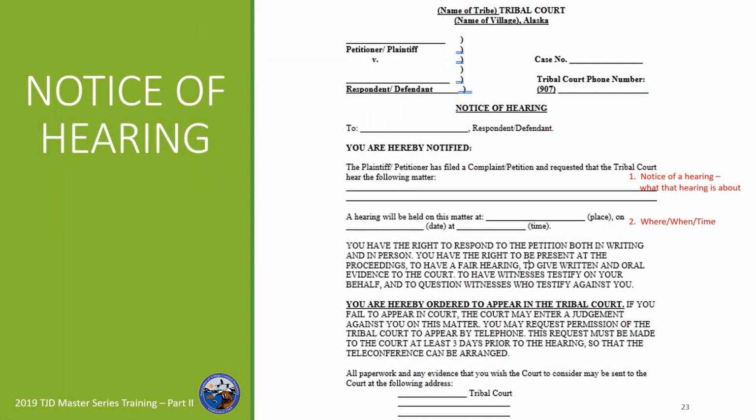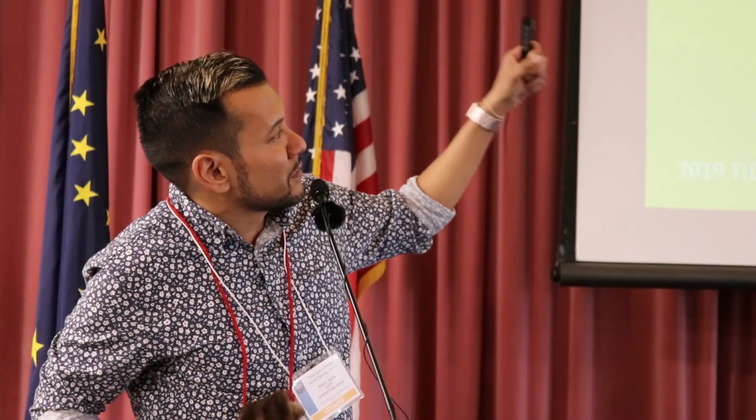And so this is a copy of a sample notice of hearing, and briefly we'll go through it. It has all the information we just spoke about, right? Number one, we're going to put information about the notice of hearing, what the hearing is about. Number two, a hearing is going to be held on this matter at this place, on this date, at this time. And the two paragraphs in bold are what we just discussed, right? We're discussing the rights of the parties.